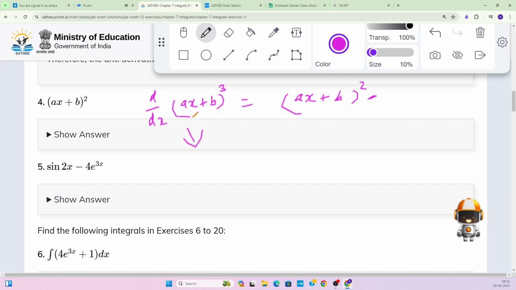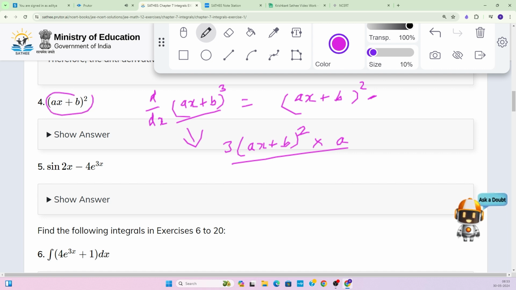This will be your starting point, and then differentiating it, what will you get? The differentiation isn't complete yet. You have to differentiate the inside thing also using the chain rule. You will get a. So after differentiating you get this, but you want (ax + b)^2 as your answer. No worry.